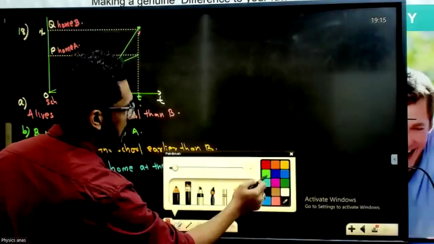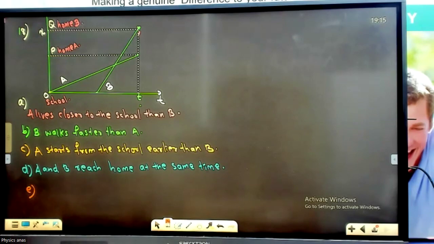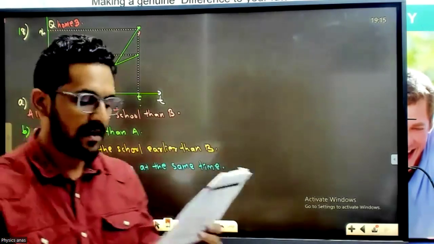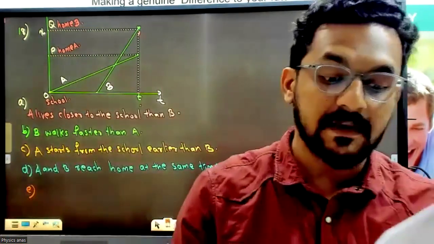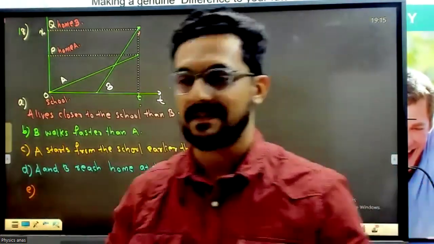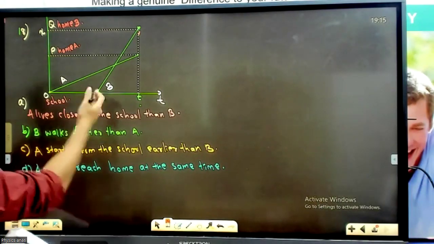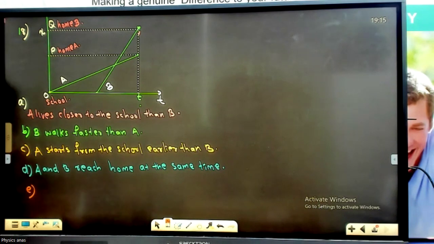Now look at option E, our last option. What is option E? A or B overtakes B or A on the road, once or twice. Who overtakes whom? B overtakes A, because B is the one who started late.